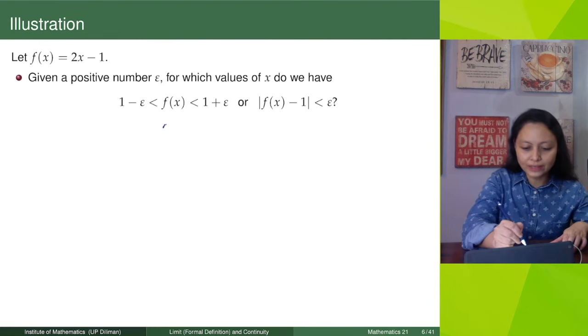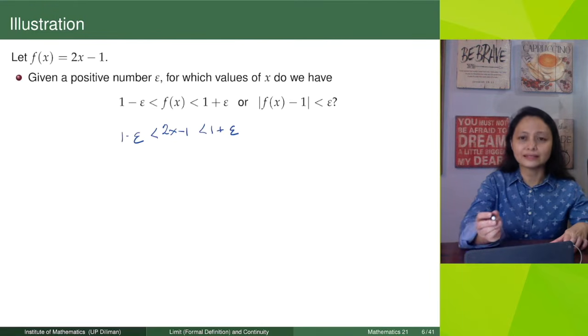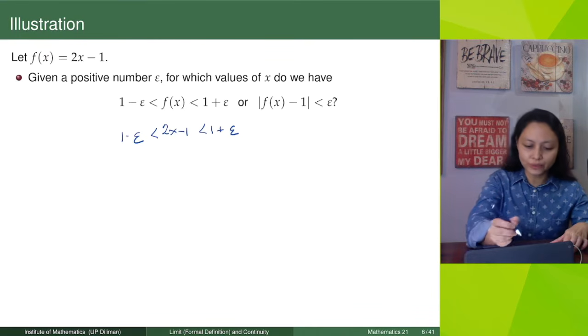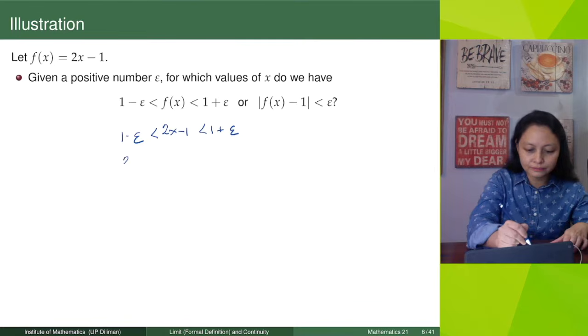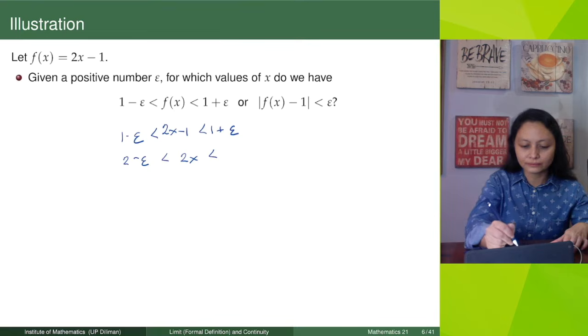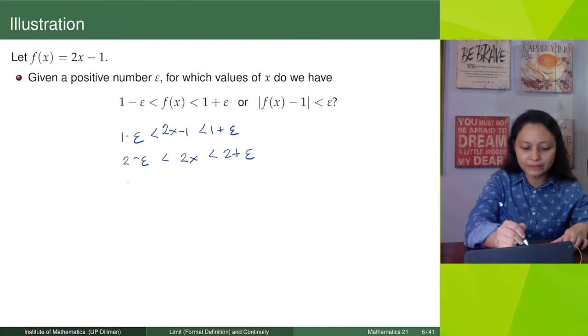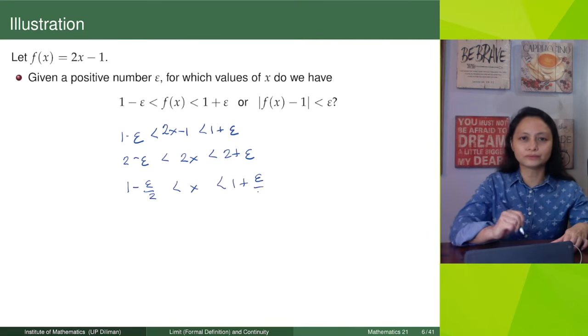So we have 2x minus 1 less than 1 plus epsilon and greater than 1 minus epsilon. Again, same as what we have done in the previous illustrations, we add 1 and divide everything by 2. So we have 1 minus epsilon over 2 less than x less than 1 plus epsilon over 2.